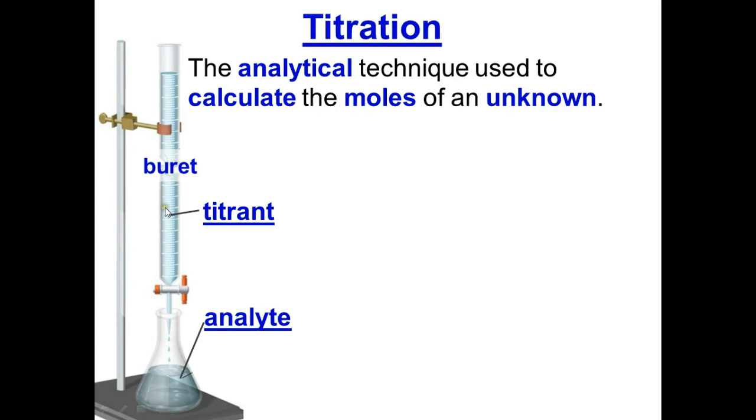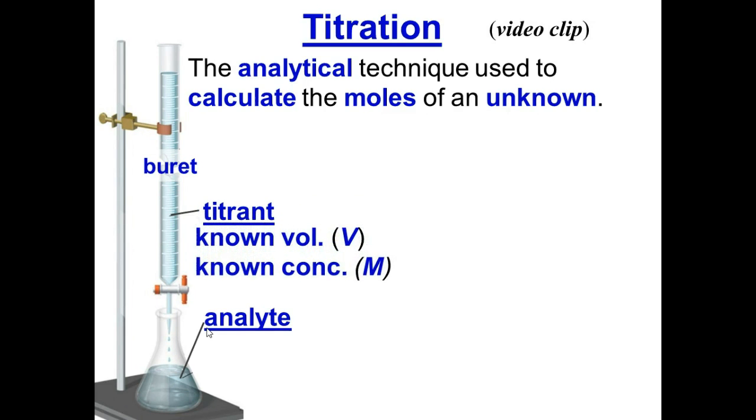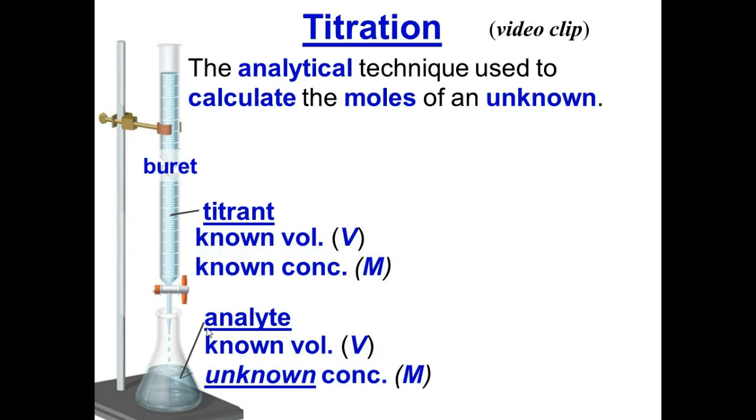So we know the concentration and the milliliters of this, because of course we have it in a big tall test tube sort of thing, and then we have a stopcock here, and so we control the amount of liquid that goes down into the beaker or into the analyte, and we do it until it's at an equal concentration of both of them. And so we have a known volume and known concentration. In the analyte, we know its volume, but we don't know its concentration, and so we can use algebra to solve for it.